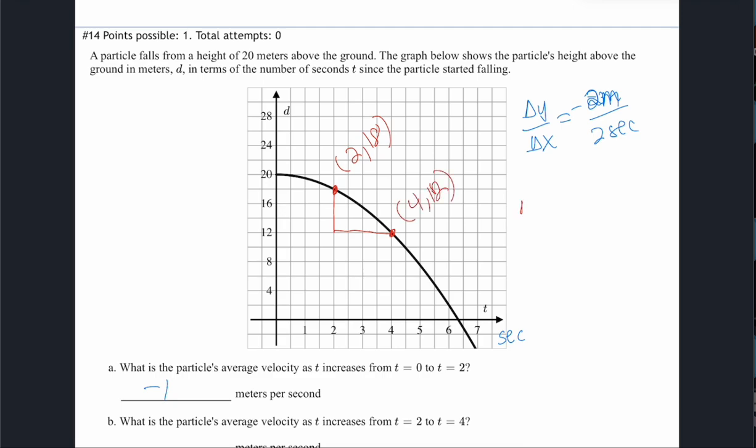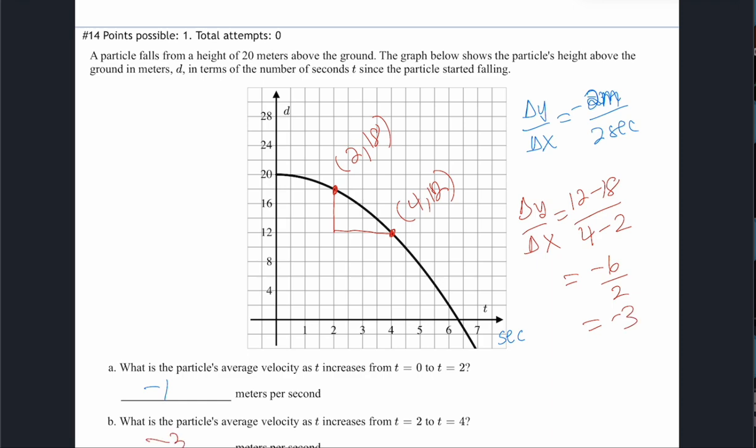So if we do y2 minus y1 over x2 minus x1, I'm sorry, that's an x, then you can do it like that as well. So that would be -6 over 2, or -3 meters per second.